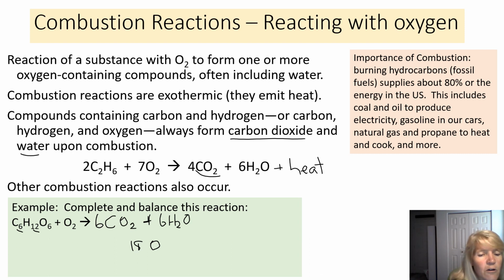Over here, we have 6 right here with this molecule, and so that leaves that we'd need 12 here. So in order to make that balance, we need a 6 to make that balance. And now that reaction is balanced.